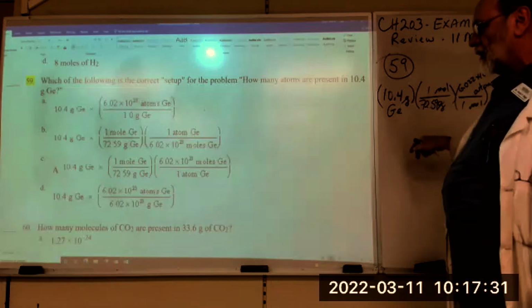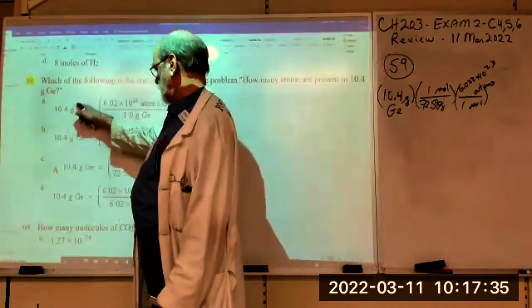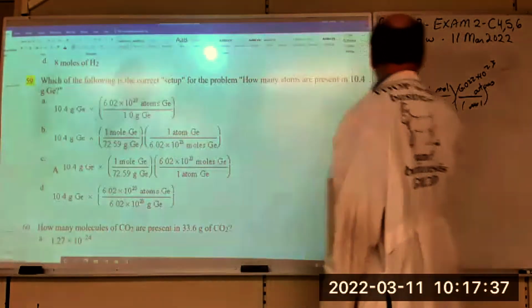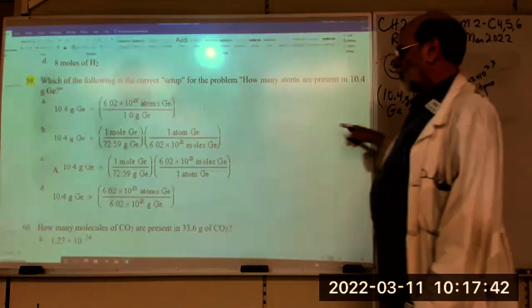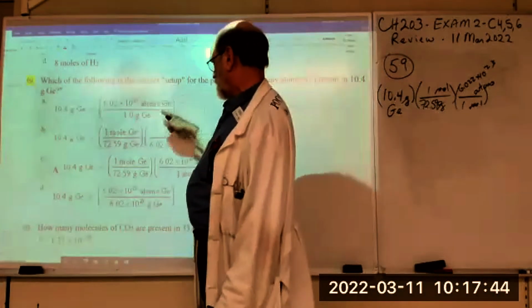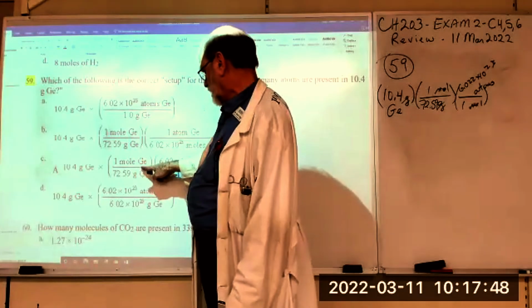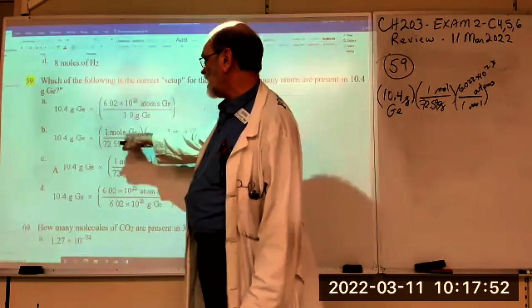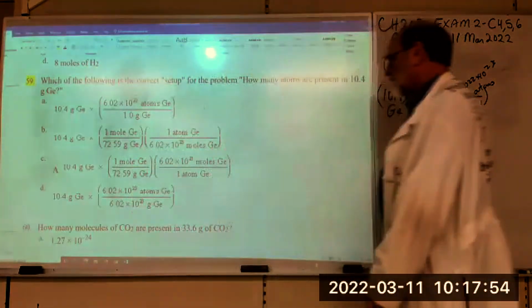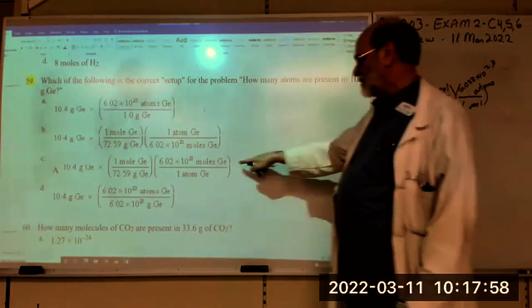So we look, which ones start with 10.4 grams? They all do. Then, which ones have 1 mole divided by 72.59 grams? Yep, that one does. That one does. That one doesn't. So it's either B or C. And then the third part is Avogadro's number on top.